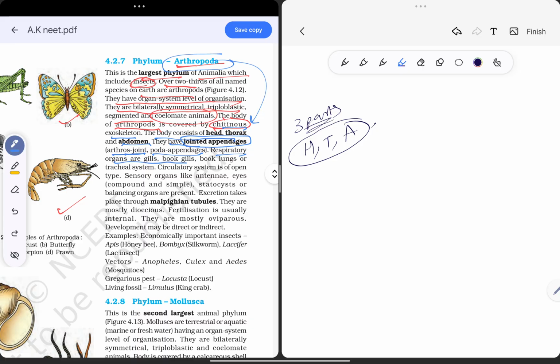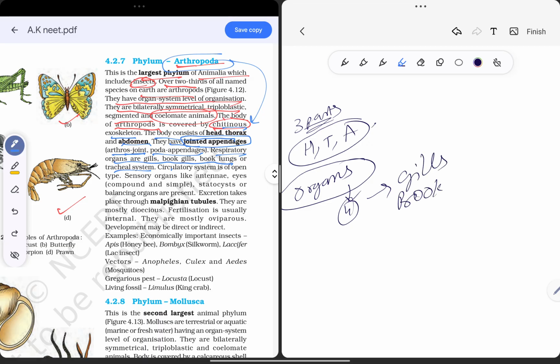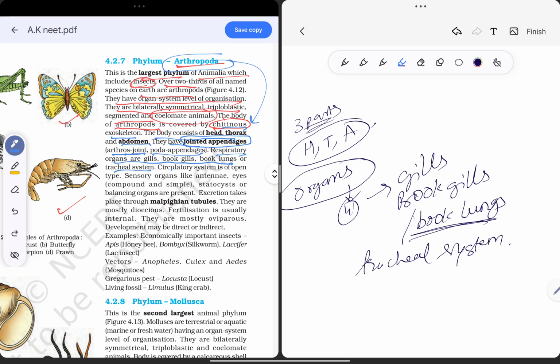Respiratory organs are gills, book lungs, or tracheal system. Respiratory organs are: gills, book lungs, or I can say tracheal system. The circulatory system is open type in Arthropoda.